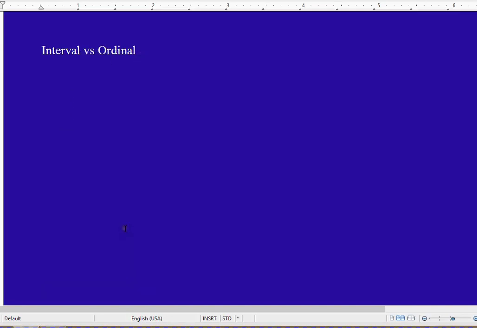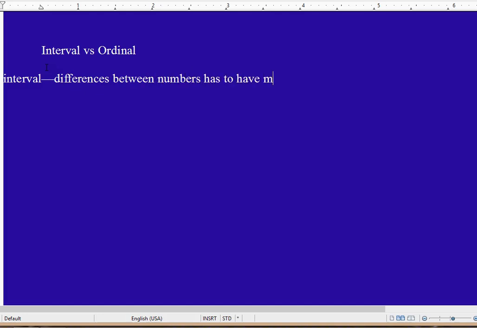Let's look a little deeper into the difference between interval and ordinal level data. As a recap, for interval level data, the differences between numbers have to have meaning. On the other hand, for ordinal level data, only the order has to have meaning.